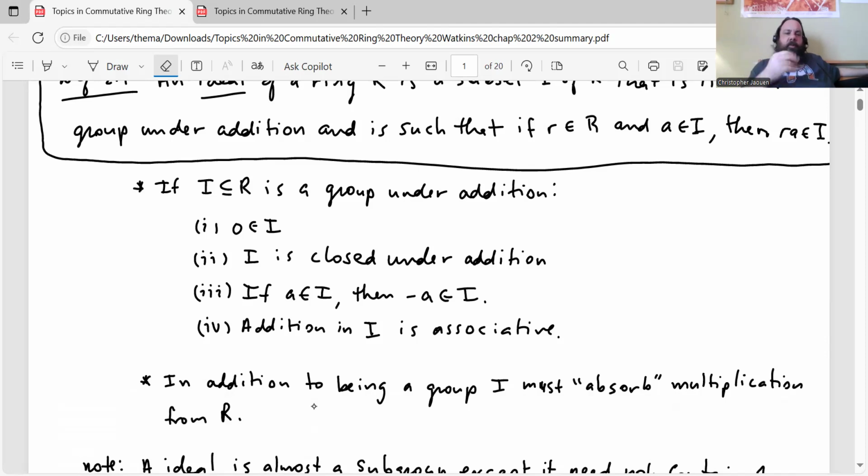Anyway, the additive identity has to be an element of I in order for it to be a group. I has to be closed under addition, and if a is in I, then the additive inverse has to be an element of I, and addition in I is associative. And if those four things are satisfied, then you're guaranteed that the subset is a group.